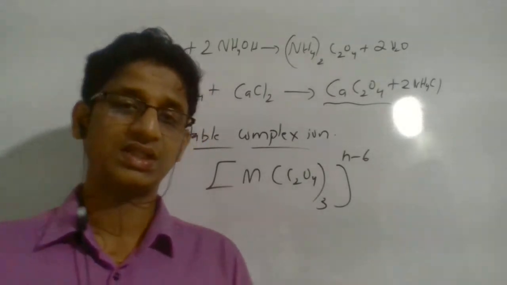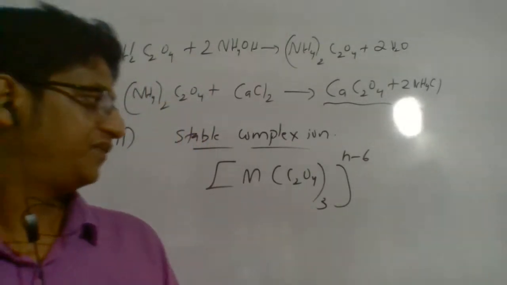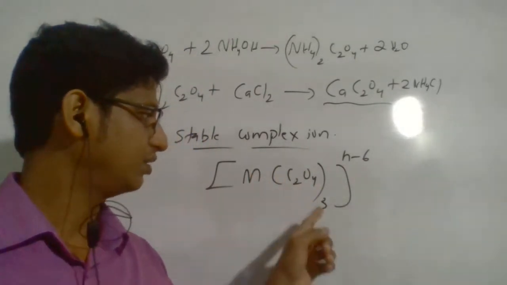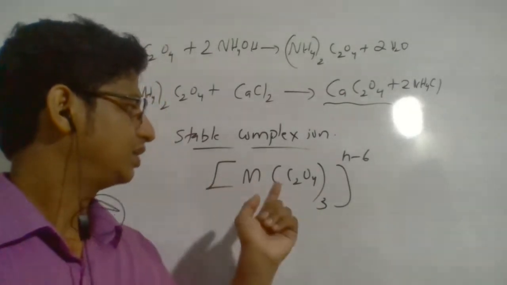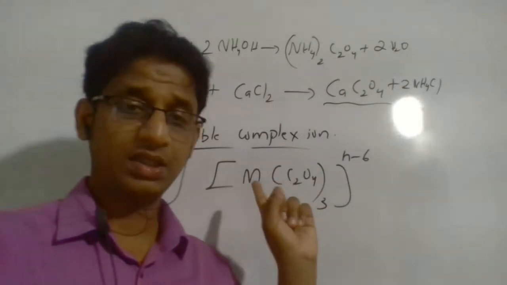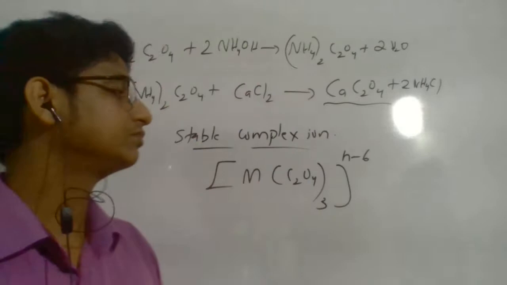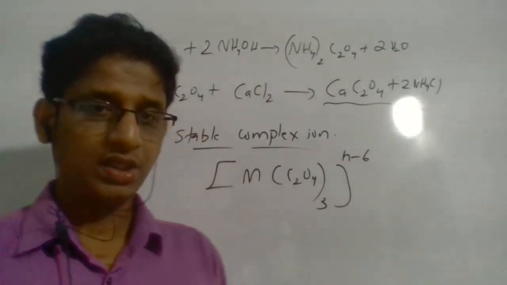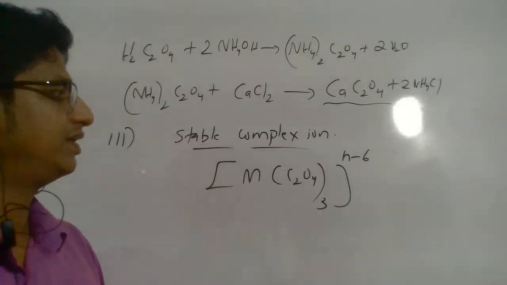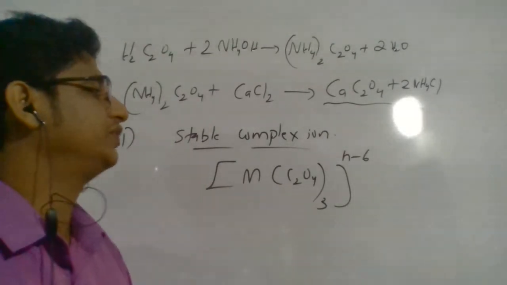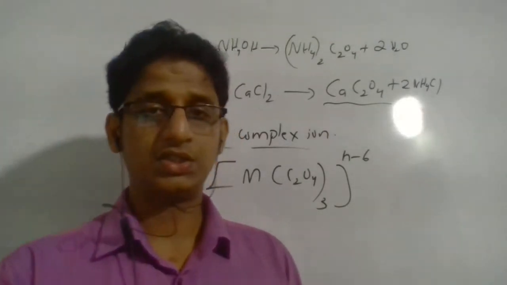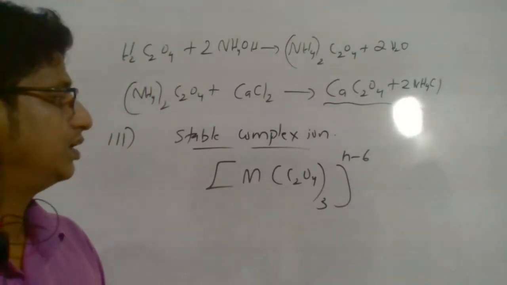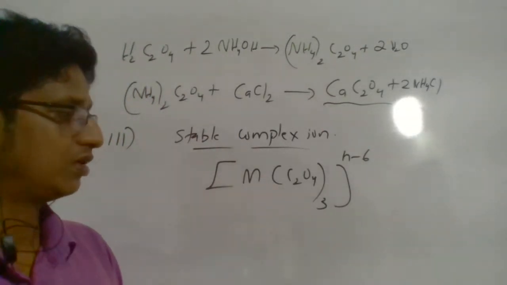So these are the general cations which form a stable coordination complex in the presence of anions like oxalate. If an anion is there in the presence of a cation, they form these stable complexes like metal oxalate complexes.